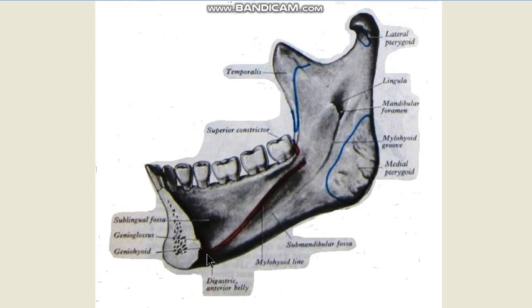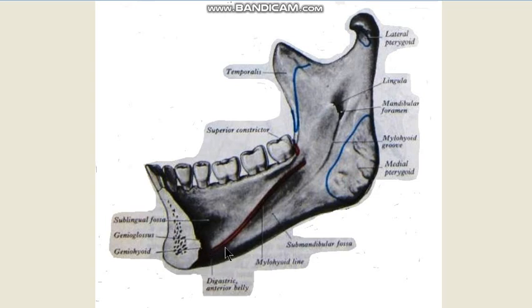So mylohyoid line, mylohyoid muscle, and below the mylohyoid is this groove, which is called the mylohyoid groove, and through this mylohyoid groove pass mylohyoid vessels and nerves, which are going to supply the mylohyoid and also the anterior belly of digastric.